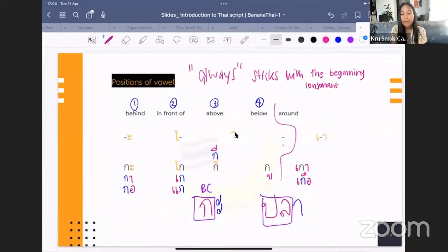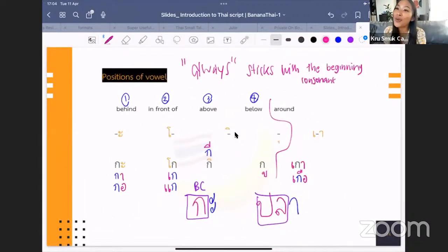So it's very important that when you learn Thai vowels, you learn where each one is attached to the beginning consonant. It is important to know the position of the vowels, and that helps you notice that these letters are vowels, not consonants. Okay, ไหมคะ?